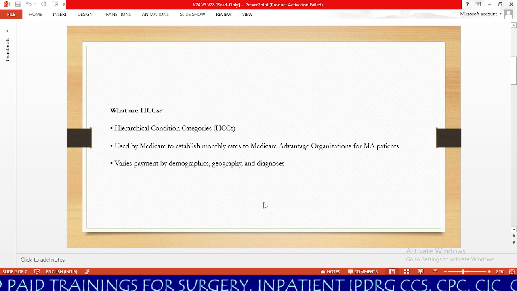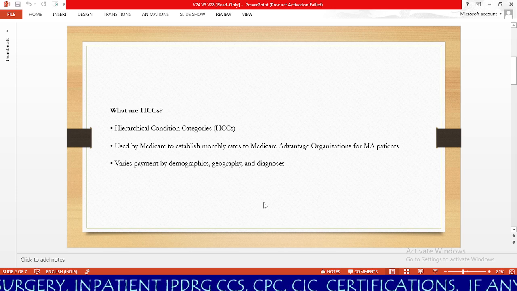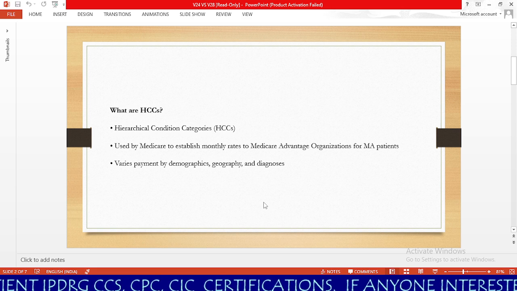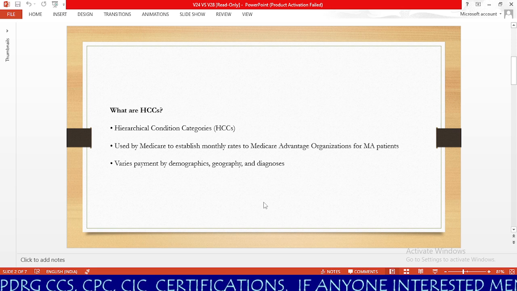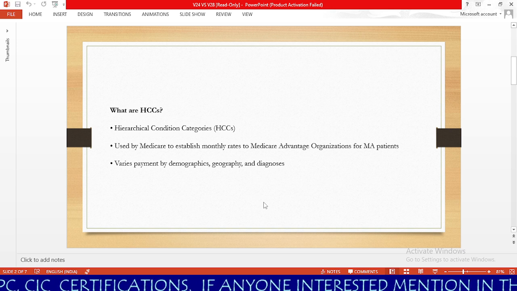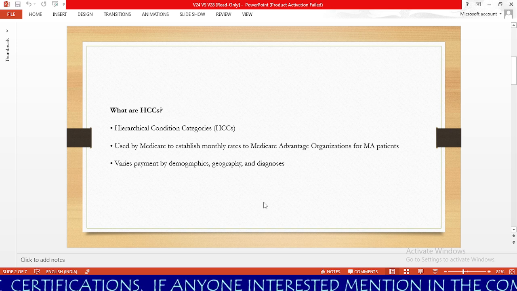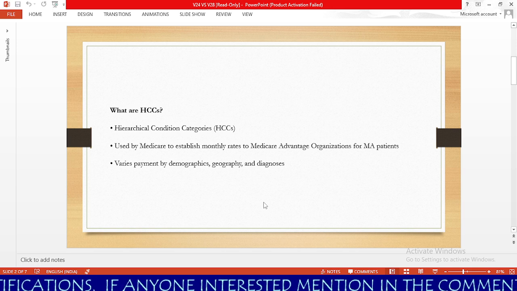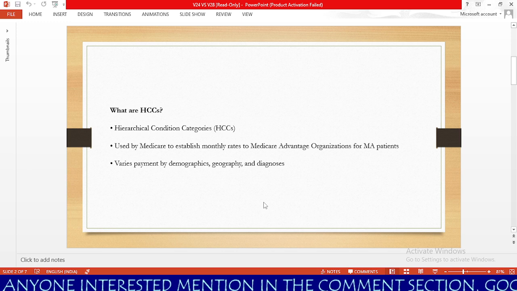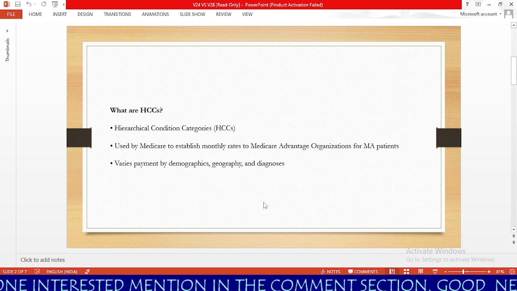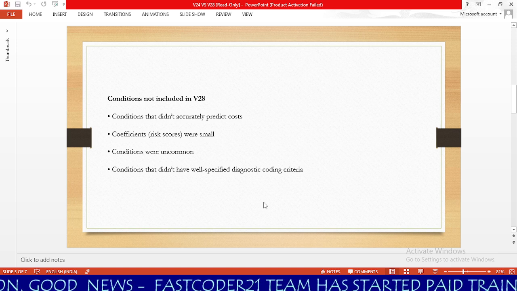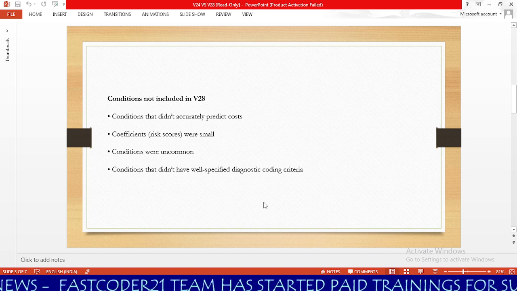As all of us know, HCCs vary payment by demographics, geography and diagnosis. So we need to understand here that HCCs are not common for each and every patient. These HCCs vary based on the demographics of the patient, geography of the patient as well as the diagnosis of the patient.